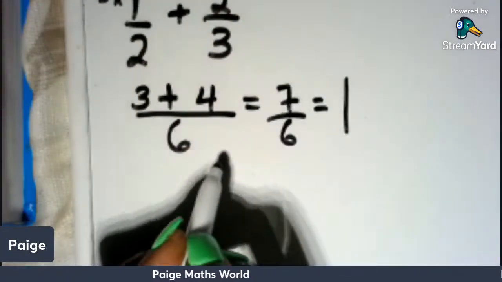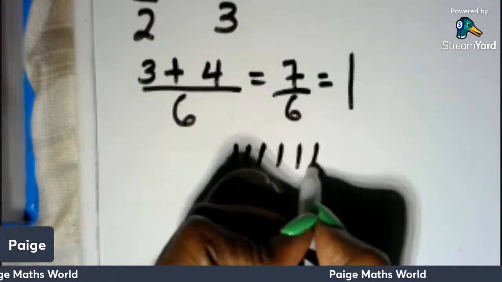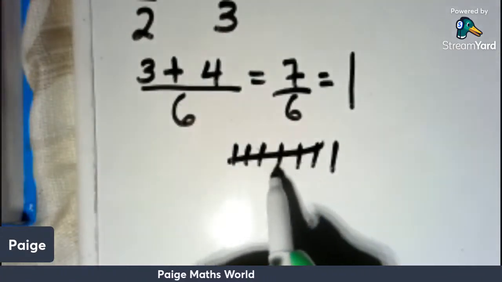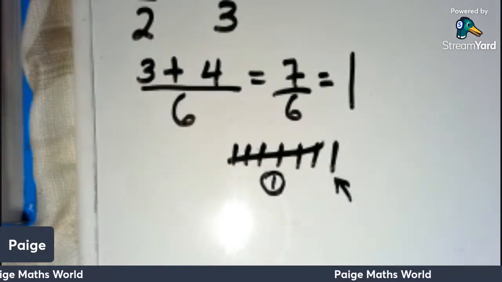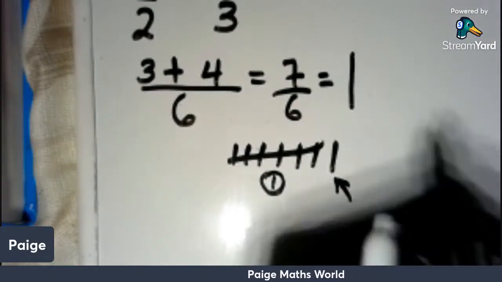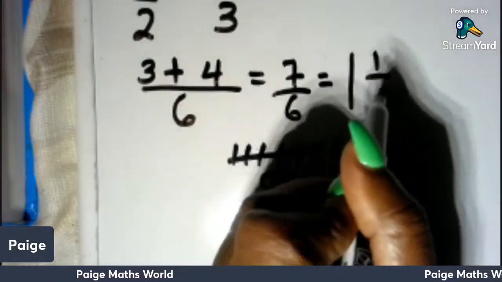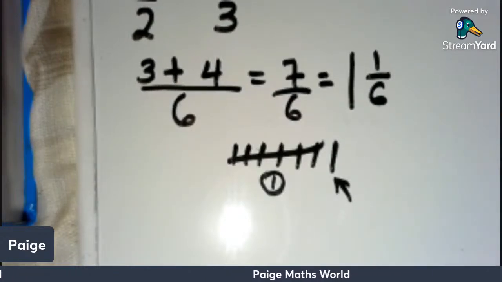And how much is going to remain? So let us do some strokes here. 1, 2, 3, 4, 5, 6, 7. We can get 6 from 7 one time, and we have 1 remaining, right? That one remainder, we're going to put over our original denominator of 6. And so that's why we got 1 and 1 over 6.